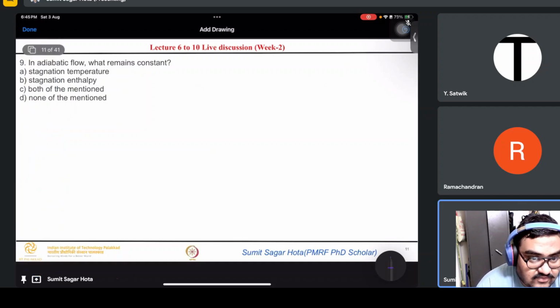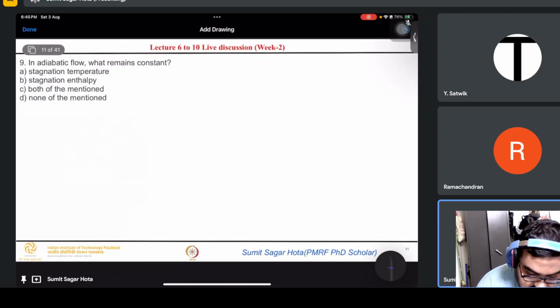So in an adiabatic flow, what remains constant? Obviously, as the name adiabatic suggests, the temperature is going to be constant. But you can see there are two options which are similar: enthalpy. Enthalpy is always Cp delta T. So if the temperature is constant, that means dT tends to 0, so your enthalpy change is also 0, that means your enthalpy is also constant.